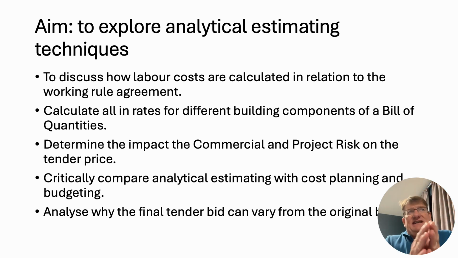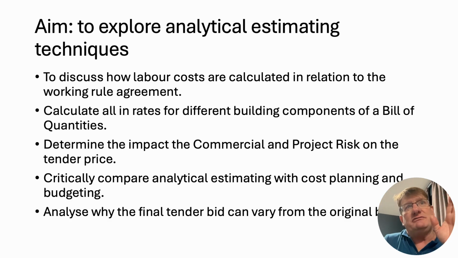Why is there so much difference sometimes between the final tender submissions of, say, 6 different contractors that may have submitted a tender, and why is the one you eventually choose maybe higher or lower than what you originally budgeted for?